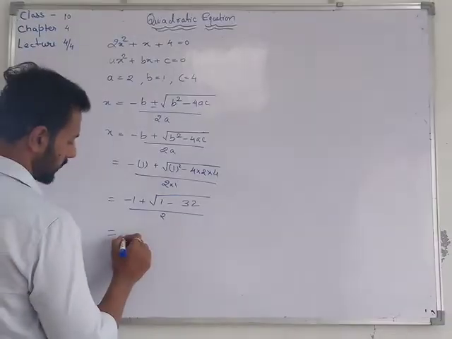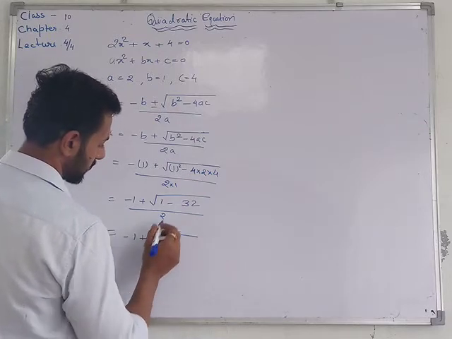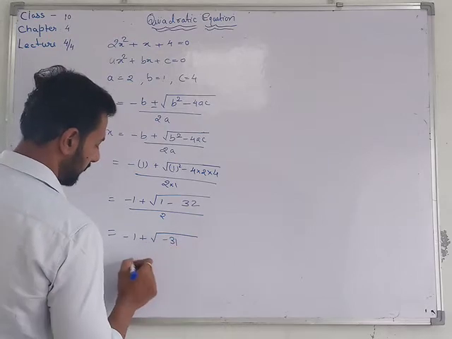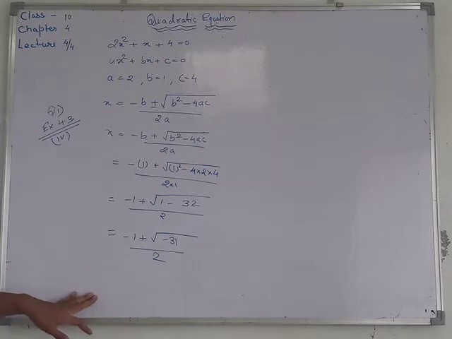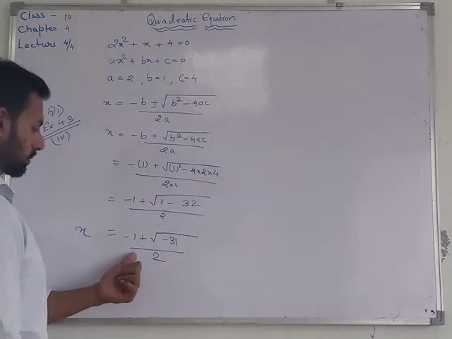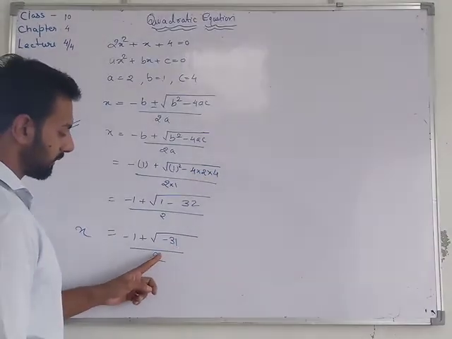Now this is equal to minus 1 plus under root of minus 31 upon 2. This is the first solution for x: minus 1 plus under root of minus 31 by 2.